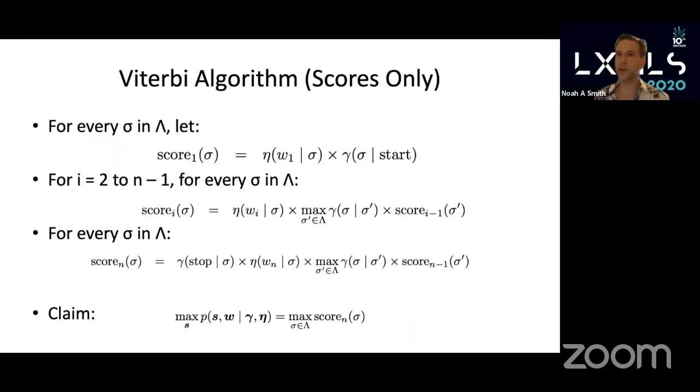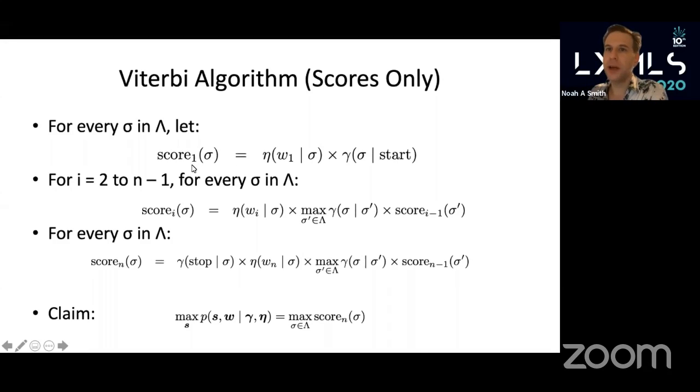So here's the first part of the algorithm where we generate these prefix scores. We calculate score 1 by simply plugging in the appropriate etas and gammas. That's the top line here. And then we work from left to right, and we move i equals 2 to n minus 1. Consider every possible label as the last label in every prefix.